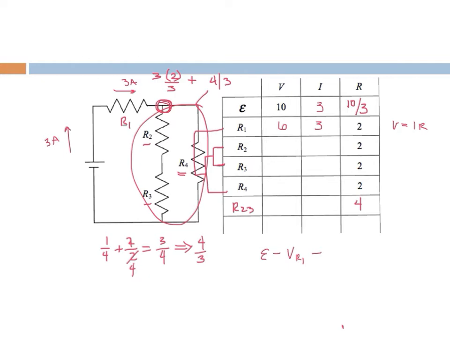That means that if I were to take this path in blue, I would have to use up the rest of those 4 volts. That means R4 has a potential difference of 4. So again, if I had 10 and I've already used up 6, then this one must be equal to 4.